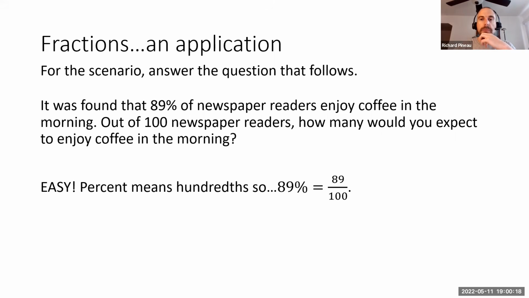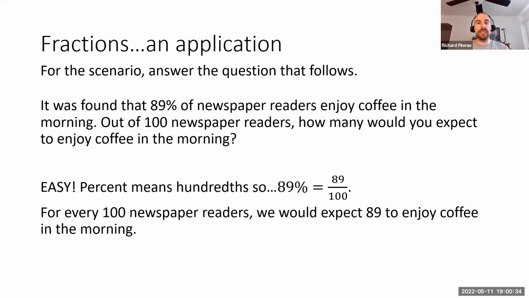So 89% as a fraction means 89 over 100. So if we had 100 newspaper readers, 89% means 89 of them out of the 100 are going to enjoy coffee in the morning. Pretty straightforward, pretty easy in this particular case.